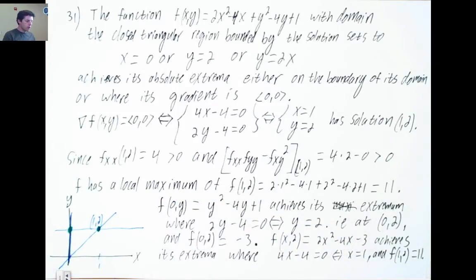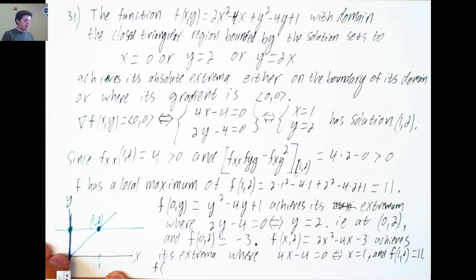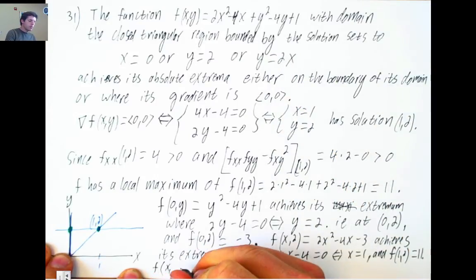And we have one more line to check. Perhaps somewhere in the middle of this line, the function is the biggest it ever is. So we need to say f of x, and we're looking along the line y equals 2x, so we replace y with 2x.